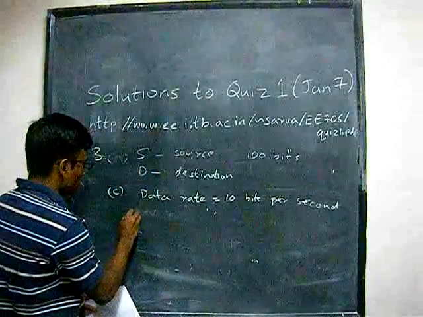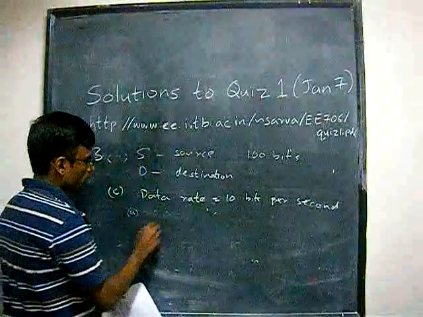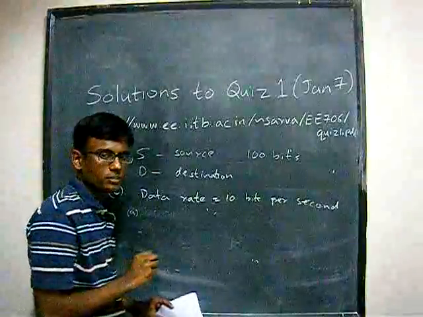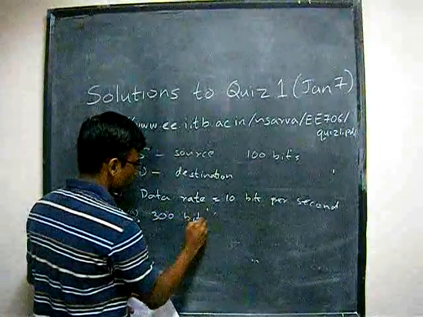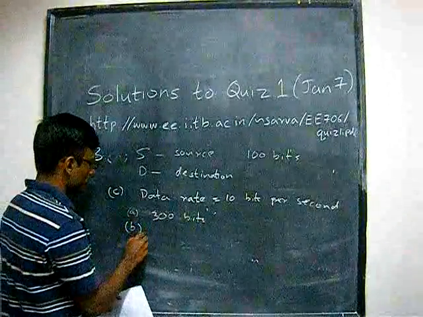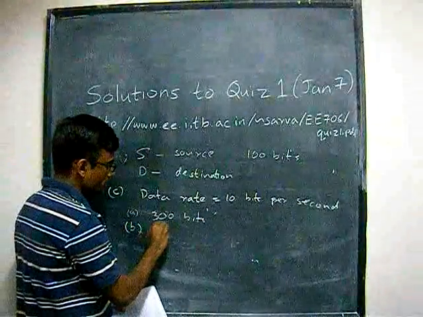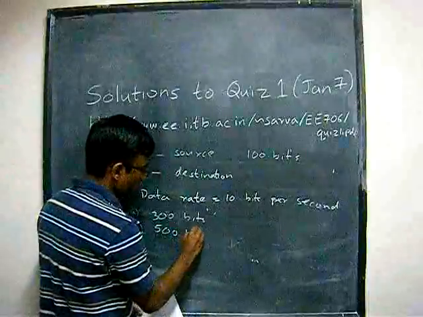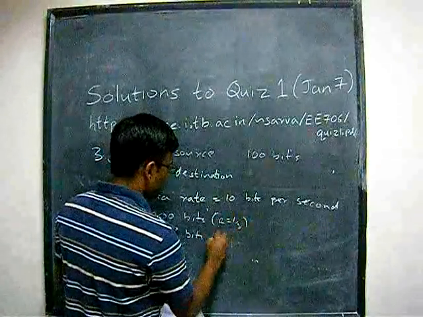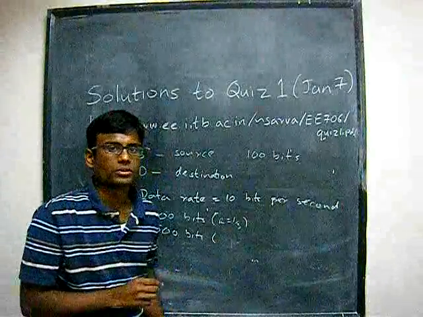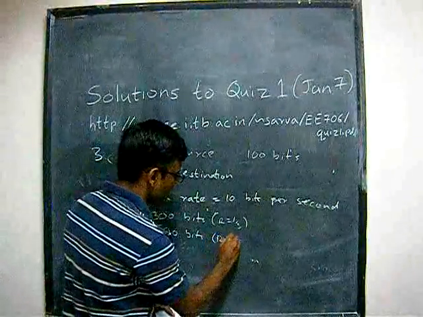In the first case, subpart A, the length of the transmitted bit string was 300 bits, and in subpart B, the length of the transmitted bit string was 500 bits, because in this case the rate was 1/5 and your information bit string was of length 100 bits.